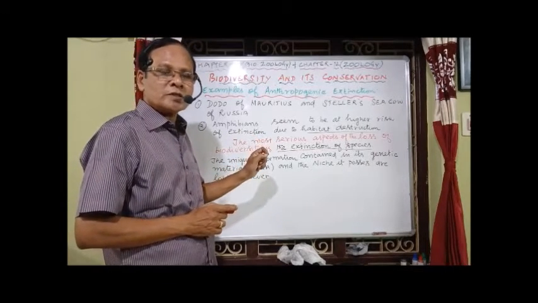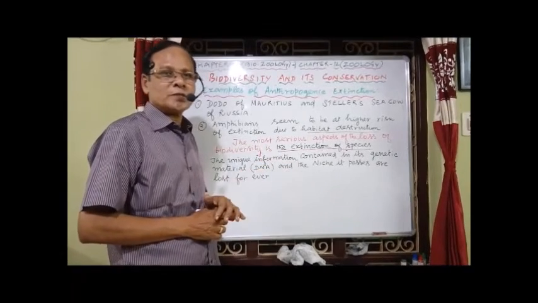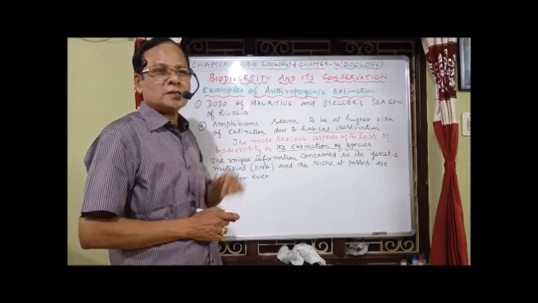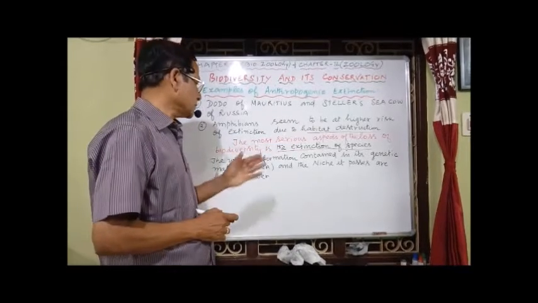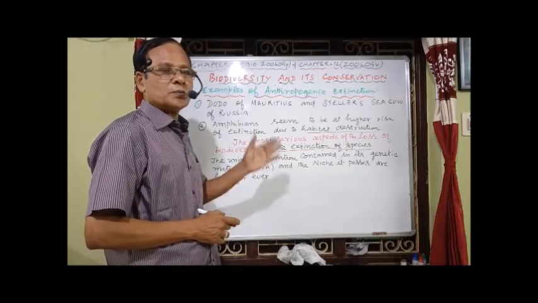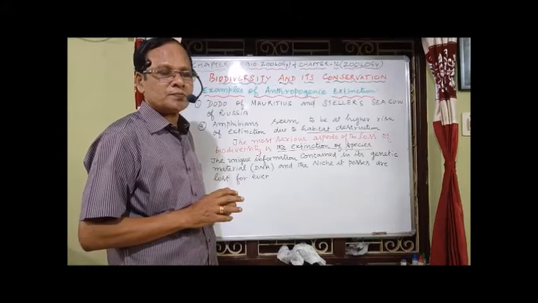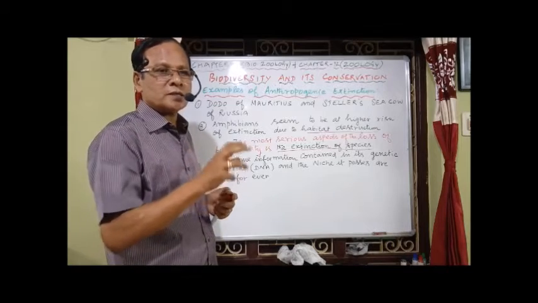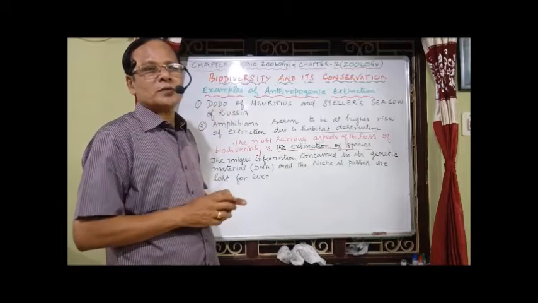The unique information contained in the genetic material of the extinct species in the form of DNA, and its niche, that is the functional status of an organism, are lost forever. Both being lost because of extinction leads to the loss of biodiversity.